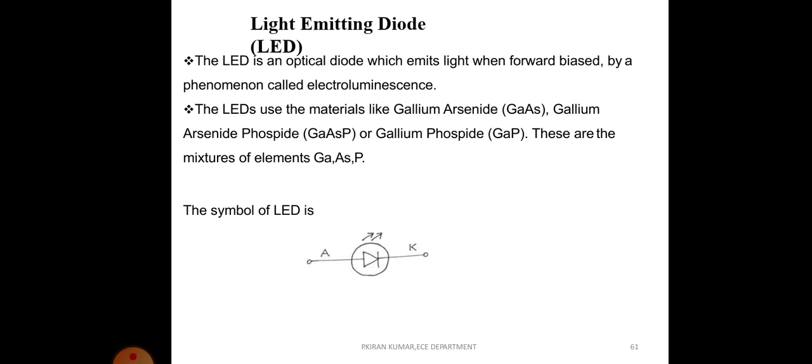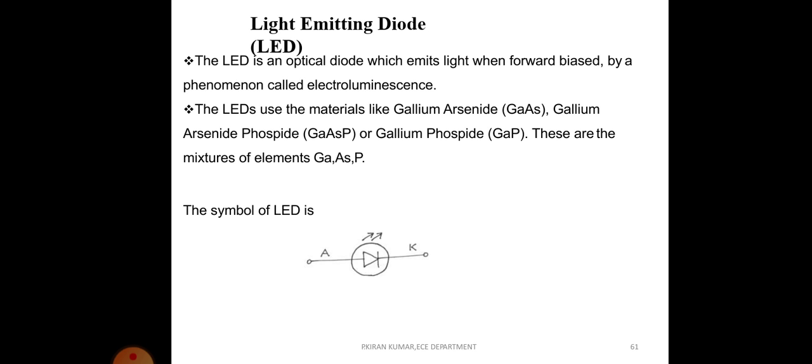It requires more bias voltage to glow the blue LED. The red LED has a forbidden gap between valence band and conduction band of 1.8 electron volts. The forbidden gap for silicon is 1.21 electron volts and for germanium 0.7 electron volts.